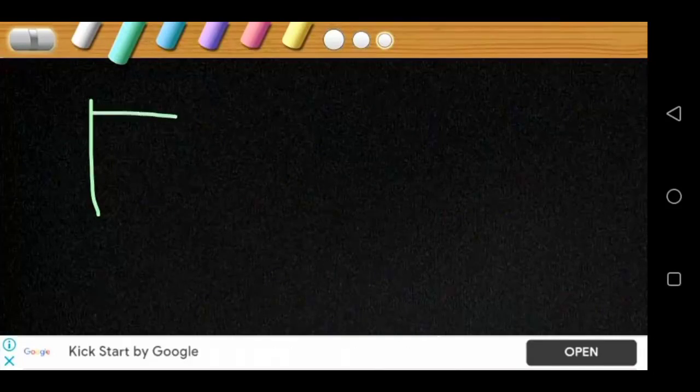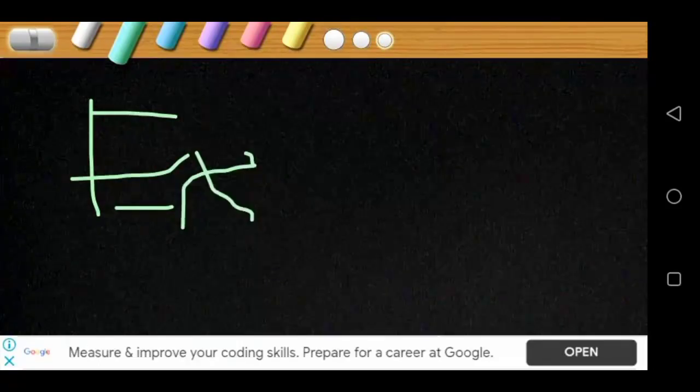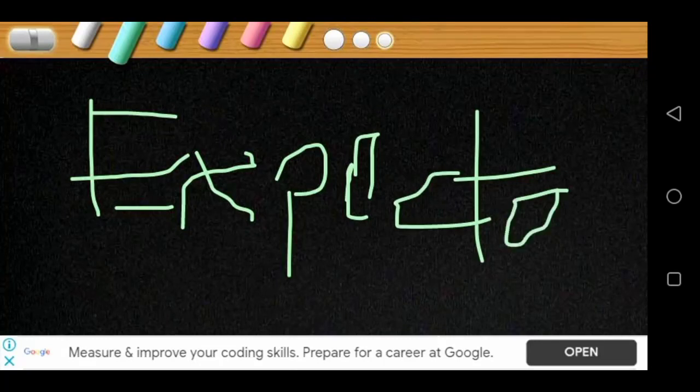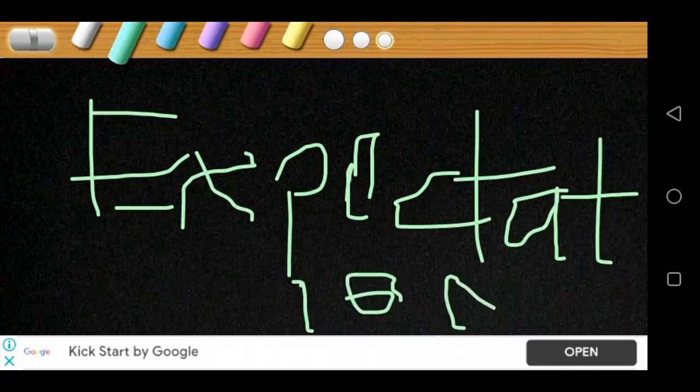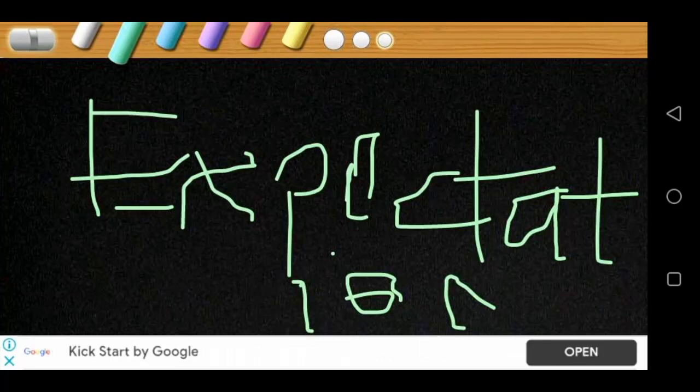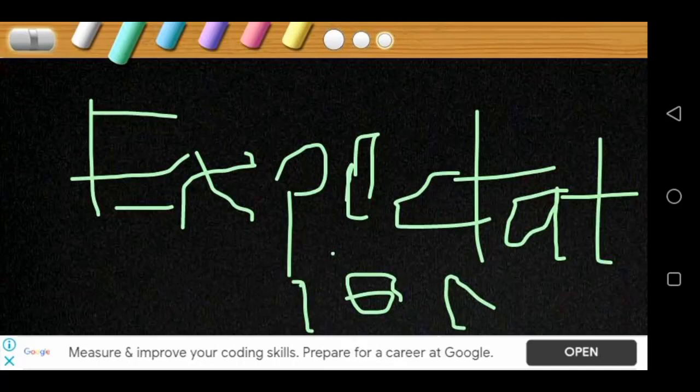We're going to look at a subtopic under probability, which is expectation. Like you are expecting something to happen.